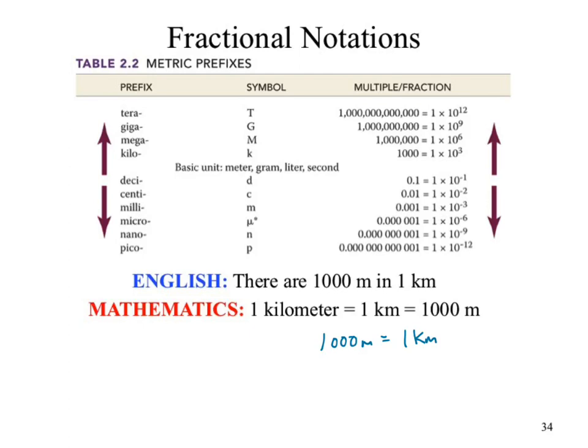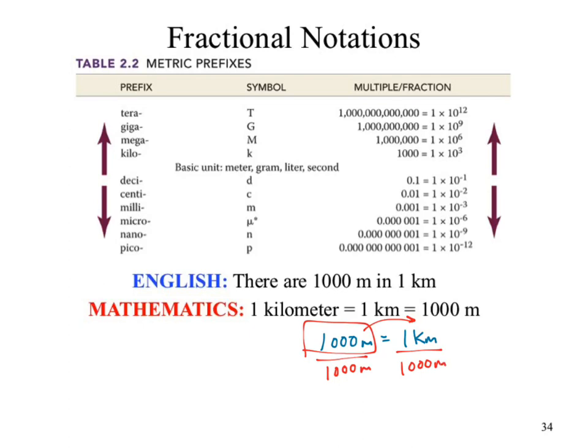Okay. With a mathematical expression, I can take things from the left side and put them on the right side. I could take things on the right side and put them on the left side. How would I do that? How can I get this 1,000 meters over onto the other side? I divide both sides by 1,000 meters.